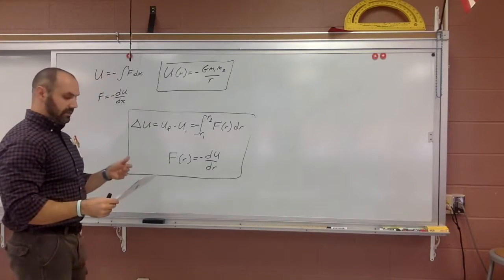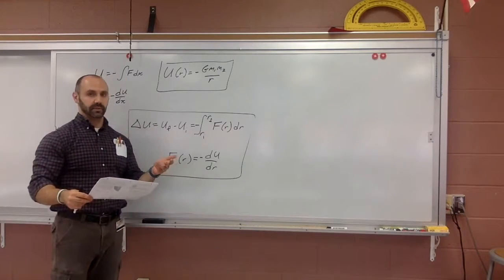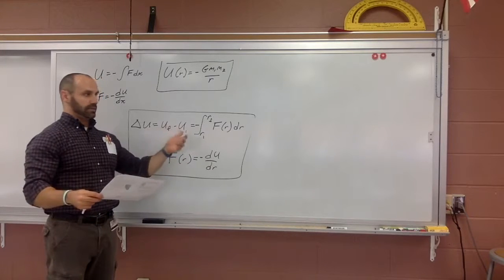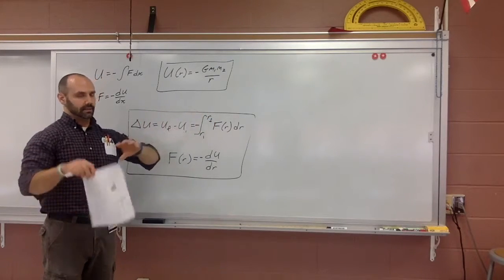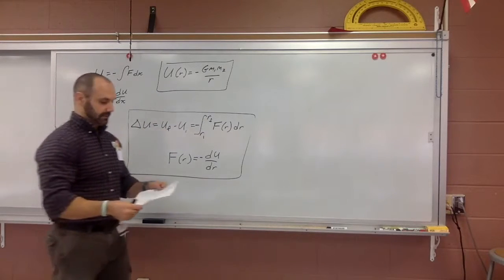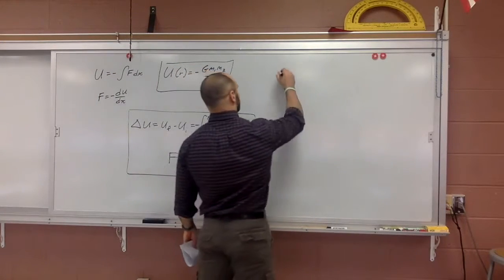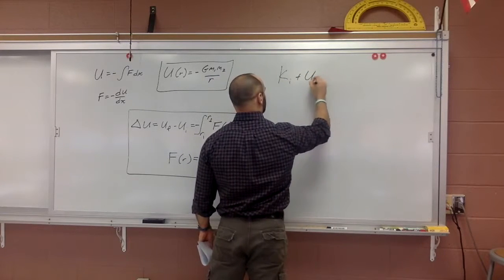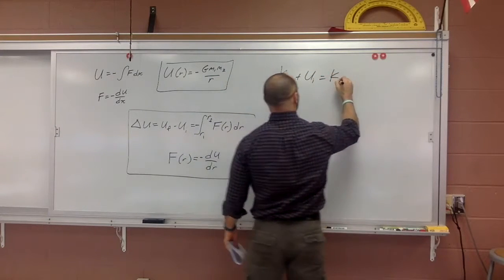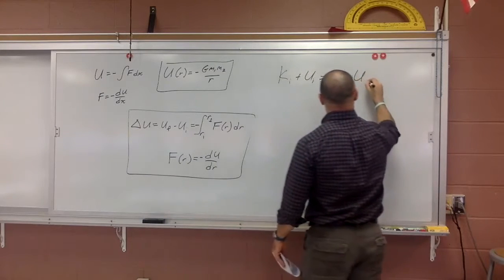Okay. So now we can derive the escape speed for an object trying to leave Earth. How fast would you have to shoot something off of Earth, neglecting air resistance and all that kind of stuff? Here's the idea. It's a GAPSI problem. The initial kinetic energy plus the initial potential energy is equal to the final kinetic energy plus the final potential energy.